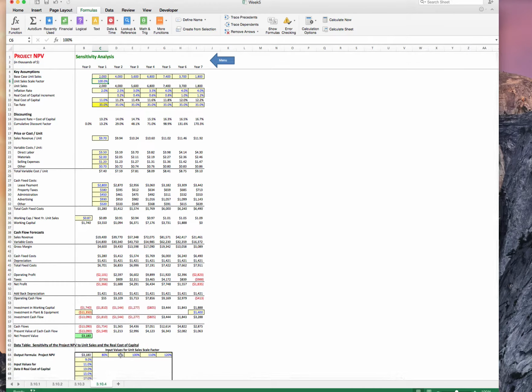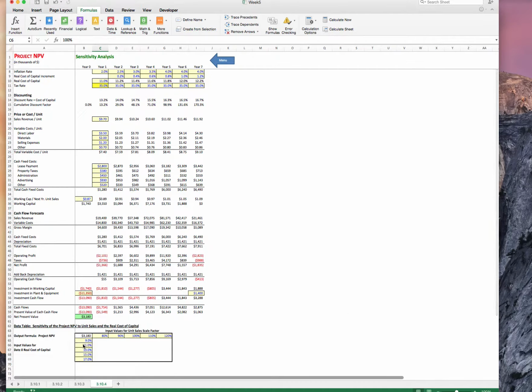And if we had a 90%, we're going to get these different NPVs at these different costs of capital. So we're going to go from 80% to 120%. So we're hoping we're going to hit it at 100, but we are going to check out what the outputs would be if we had as little as 80% or as much as 120% sales factors.